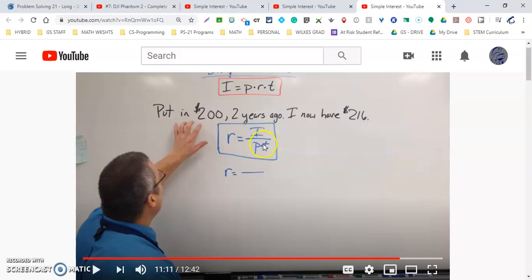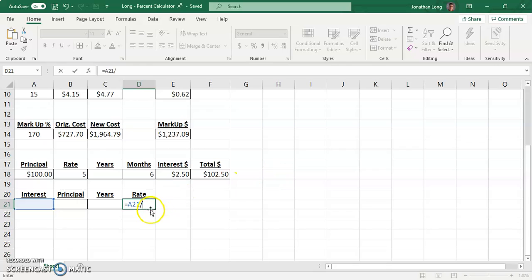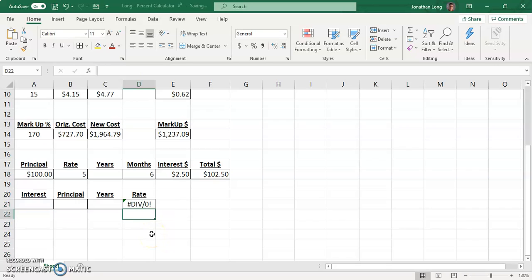So I need to put those in parentheses. Shift 9 for parentheses. I need my principal times my years and close my parenthesis. Okay, now it'll say divide by 0, and that's only because I don't have any values in.